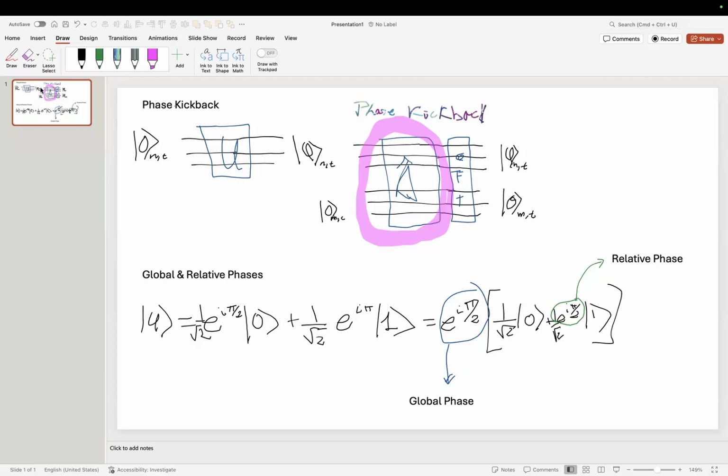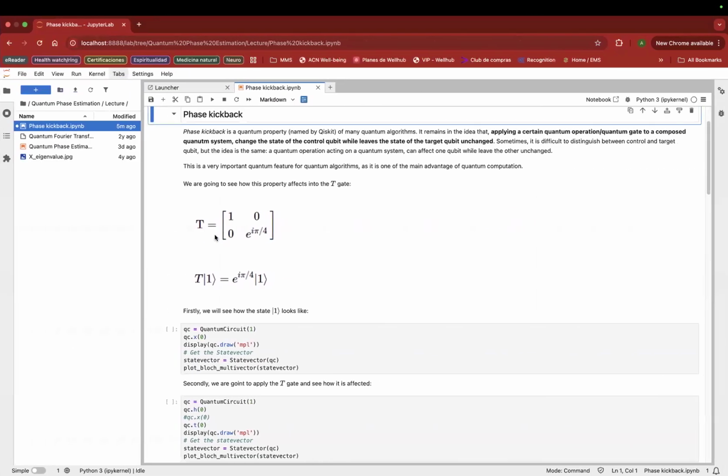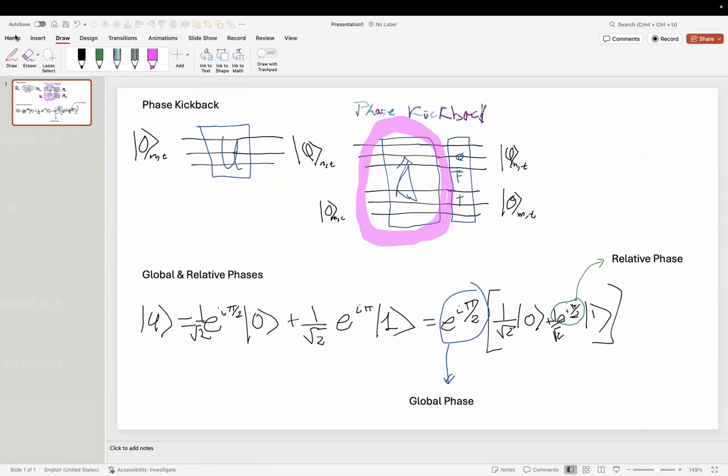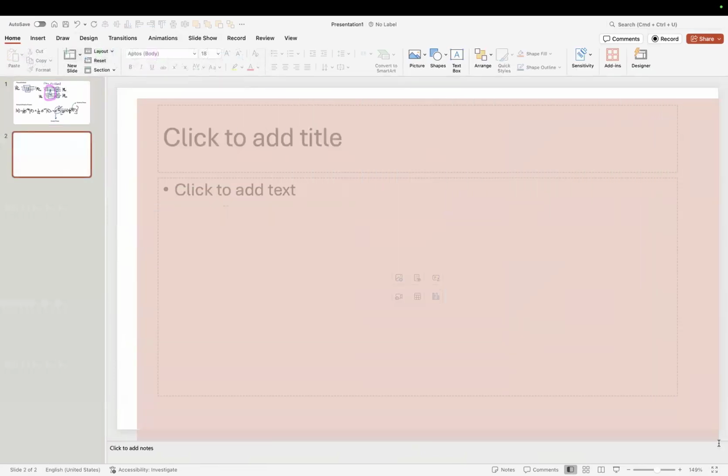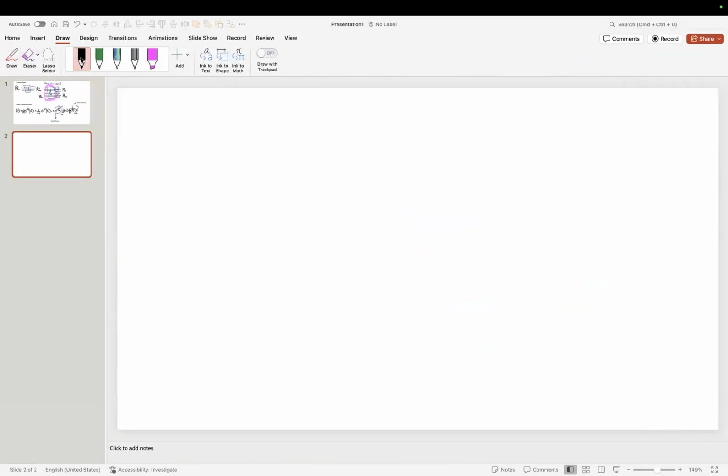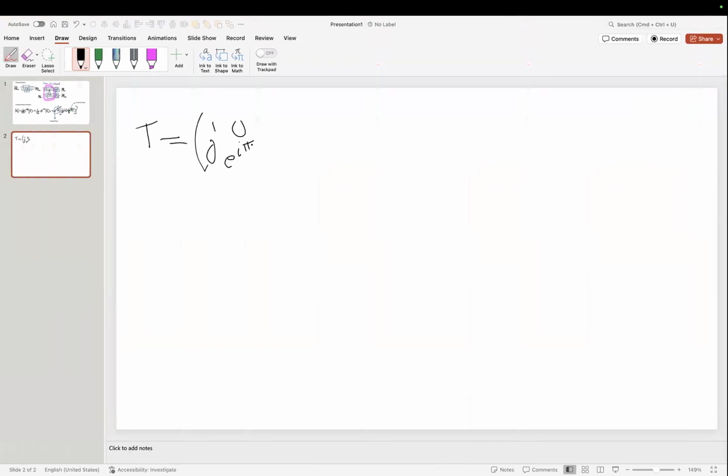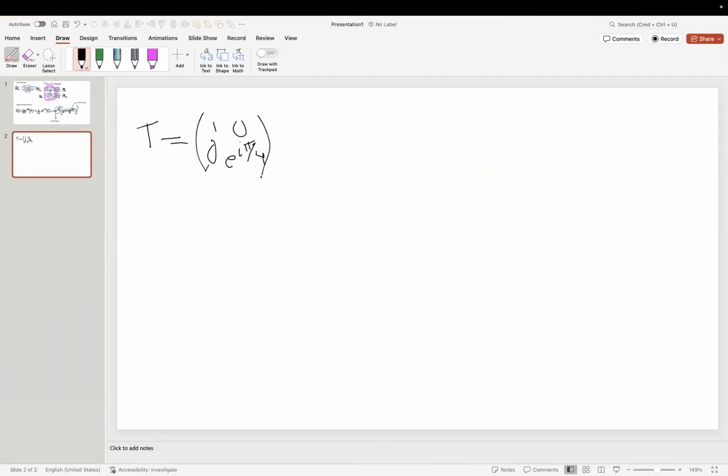For example, now we have this T gate, right? The T gate is equal to 1, 0, 0, e to the i pi over 4, right? So the dagger, for example, is 1, 0, 0, e to the minus i pi over 4.